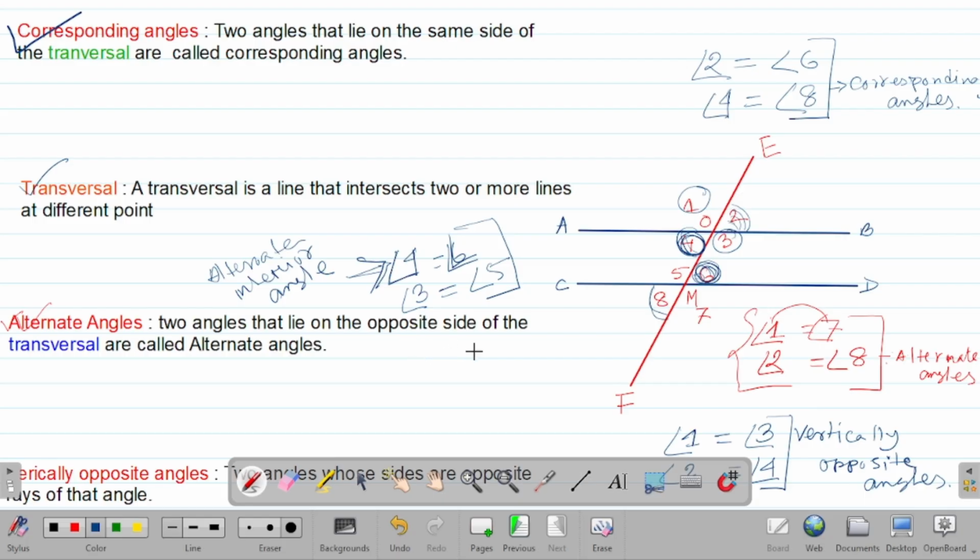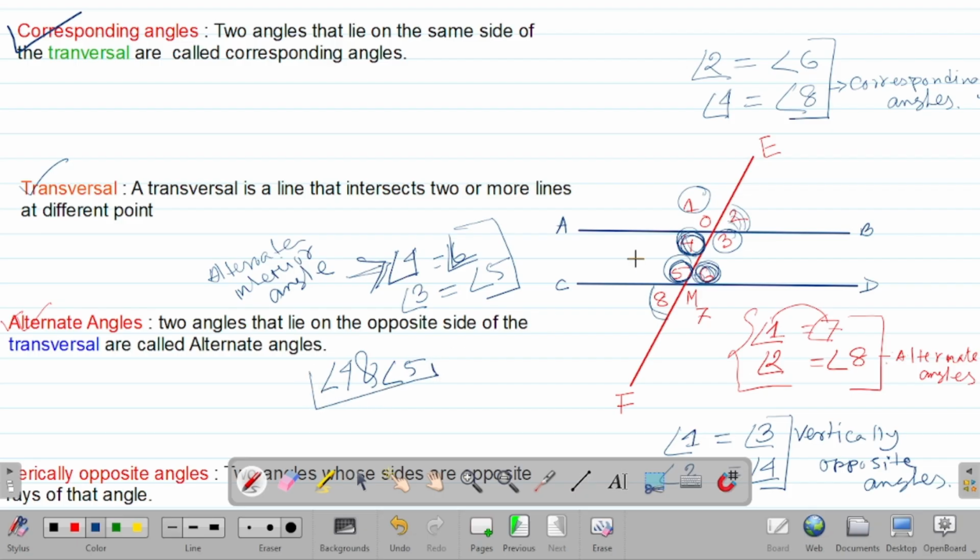If we try to find same side interior angles, then focus on angle 4 and angle 5, which are same side interior angles.